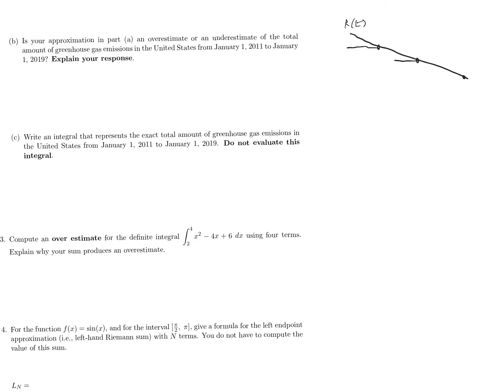It's a very poor sketch. But look at yours. My right-handed sum, I'm taking points on the right hand of these rectangles. So if you look, there's actually some area under the graph that's not being accounted for. So right-handed sum, this will be an underestimate.